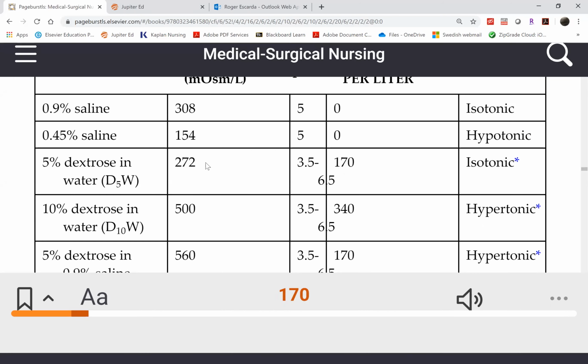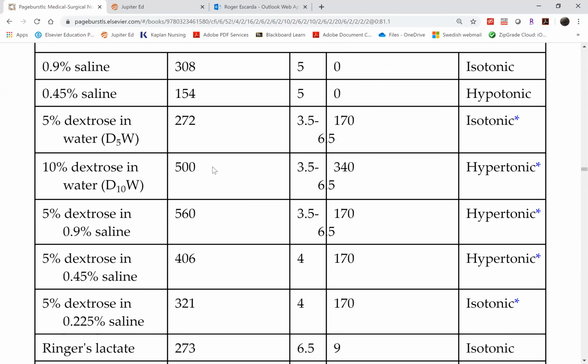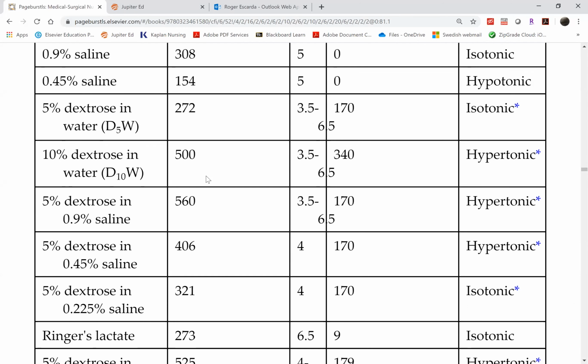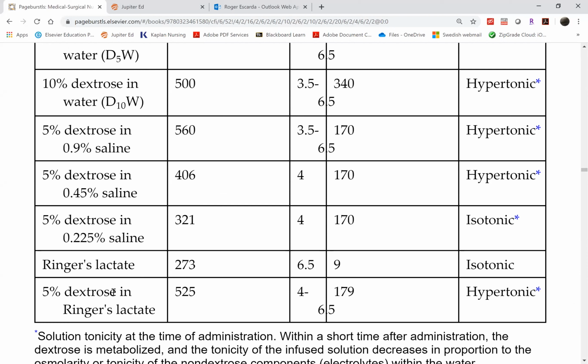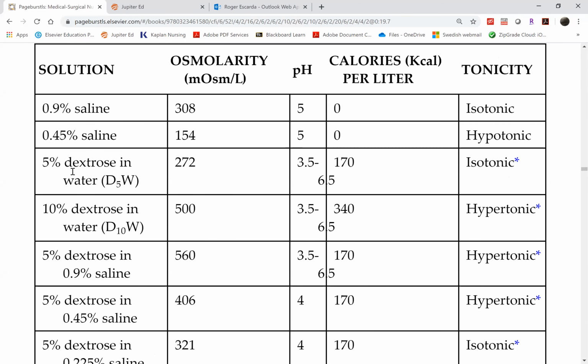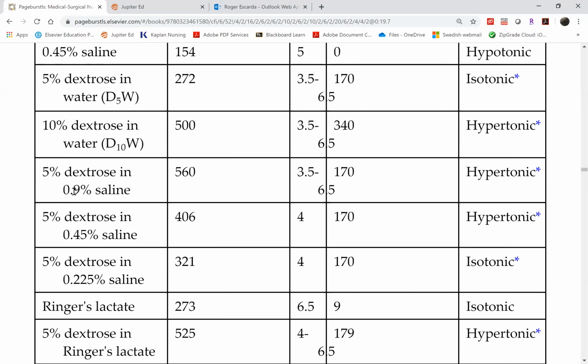The rest, especially if you put 5% dextrose or more, meaning you're adding sugar molecules to the solution. Here, 5%, 5%, 5%, or worse, 10%. That's even more concentrated. Any solution could even include normal saline. Look at normal saline here.